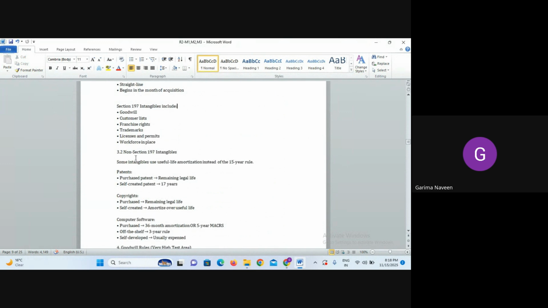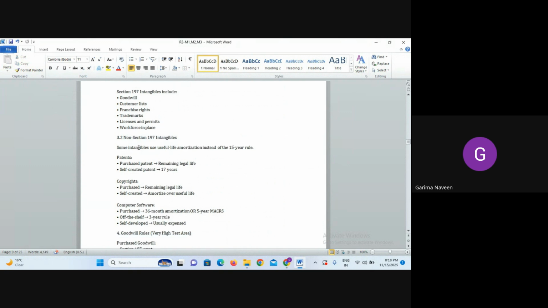If you have non-section 197 intangibles, these intangibles use useful life amortization instead of the 15-year rule. That means intangibles which you have not acquired under a business acquisition are amortized over the useful life.